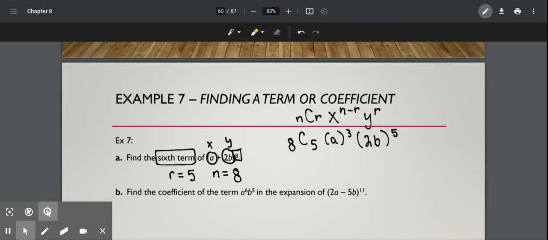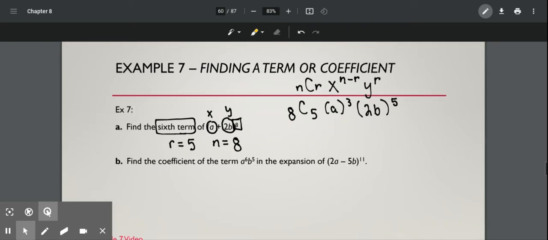And then we have to simplify. So remember, when we do 8CR, we have 8 factorial over 8 minus 5 factorial times 5 factorial. And then we'd have times a cubed times 32b to the 5th, since we have to raise 2 to the 5th, which is 32.